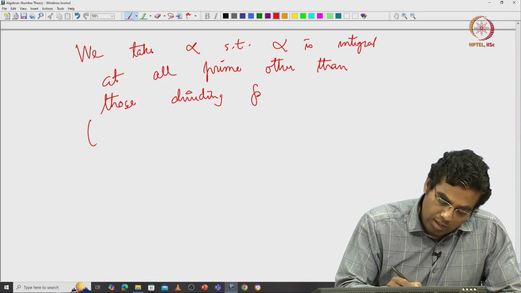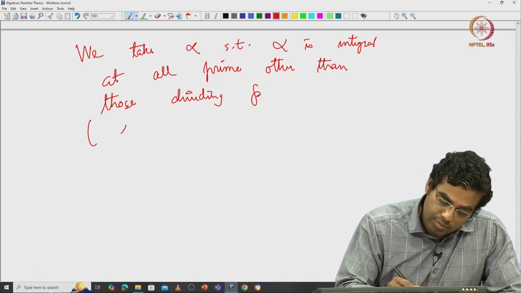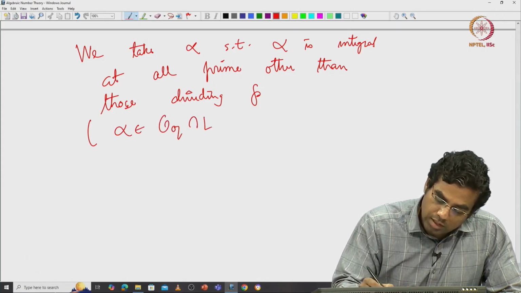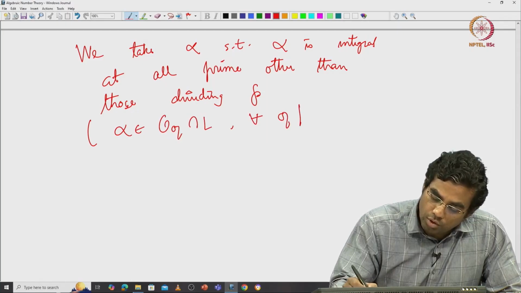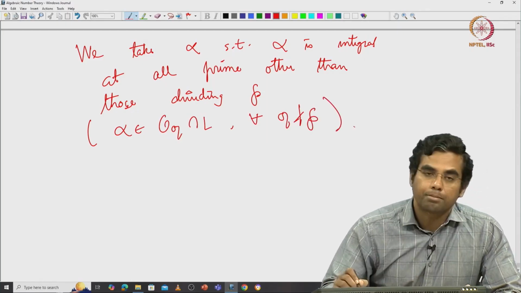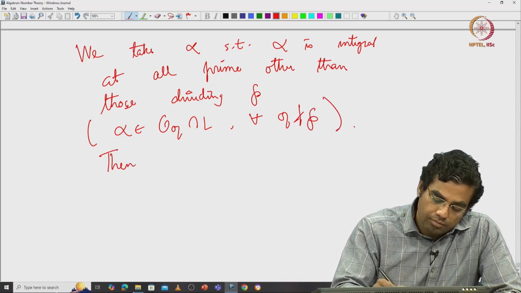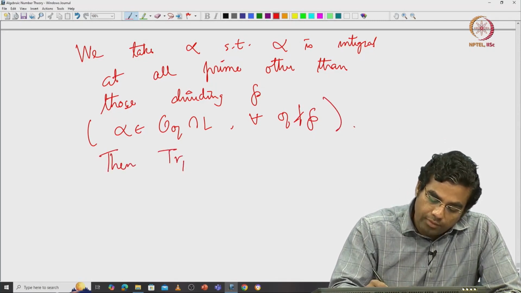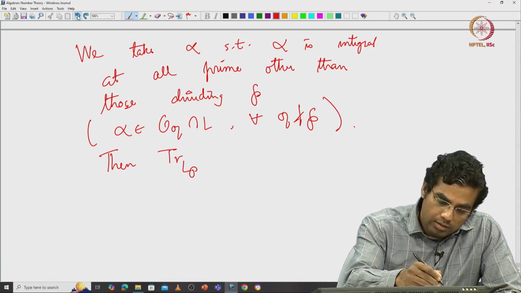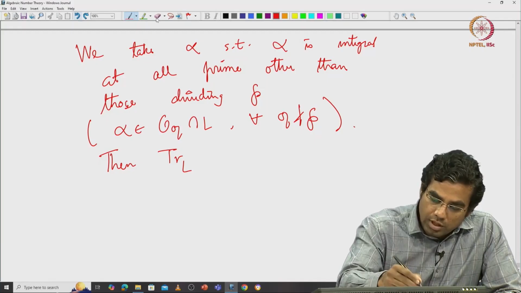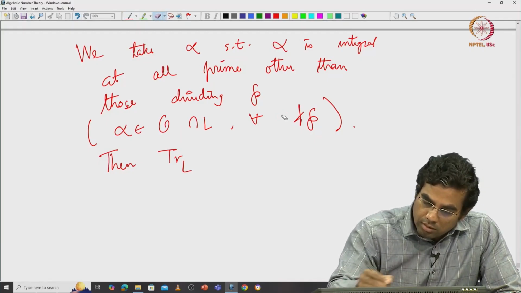What does this mean in mathematical symbols? This means alpha belongs to O_Q intersected with L for all Q not dividing p. Okay. So, then the trace of L_Q, let me use capital Q here.